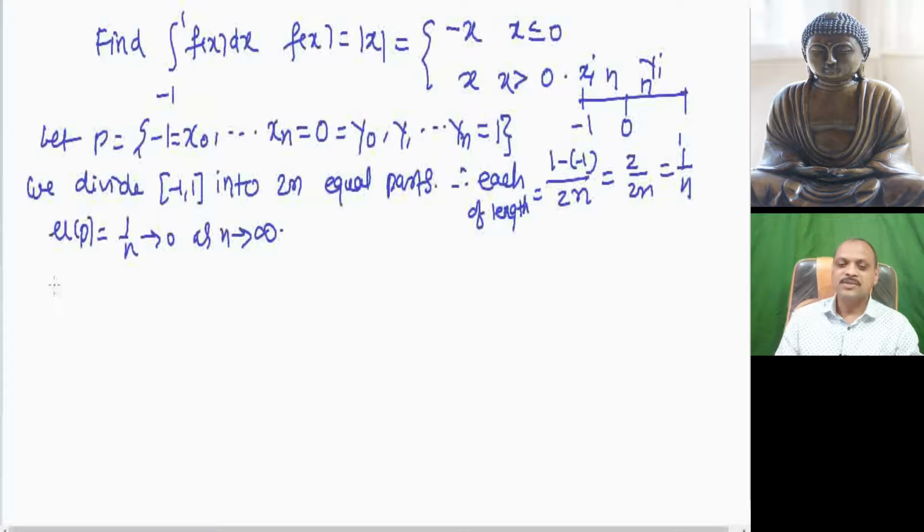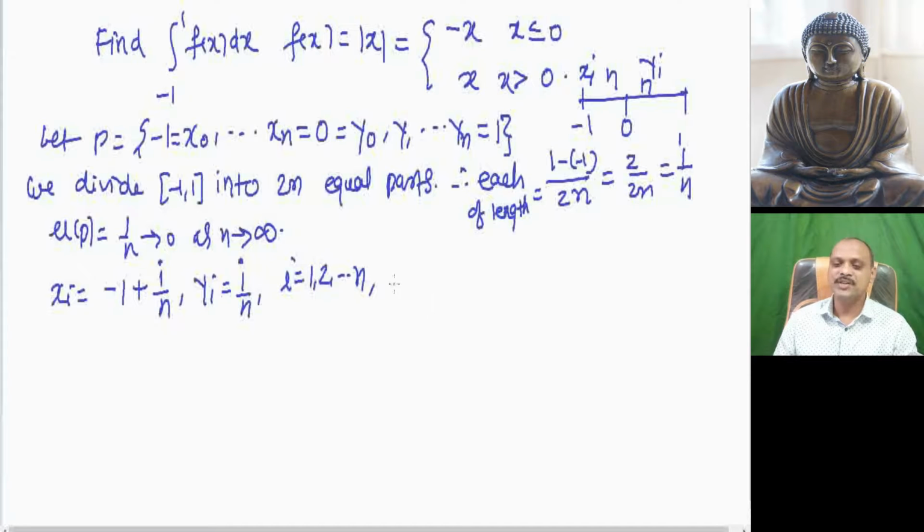Now we choose xi equal to -1 plus i divided by n, and yi equal to i divided by n, for i equal to 1 to n.